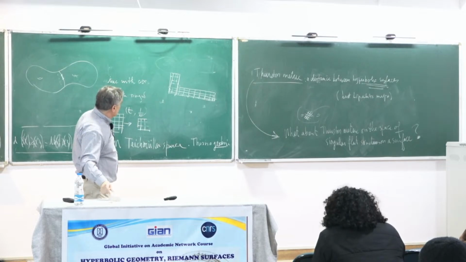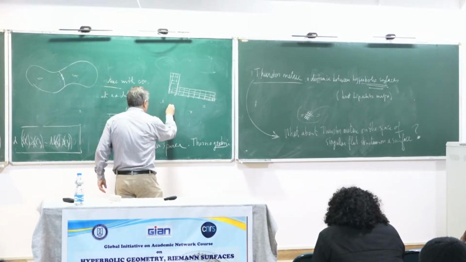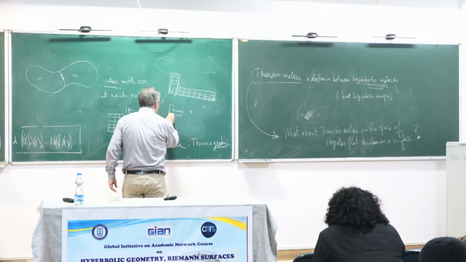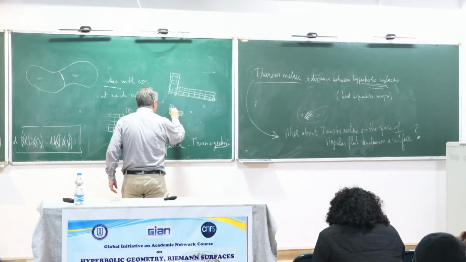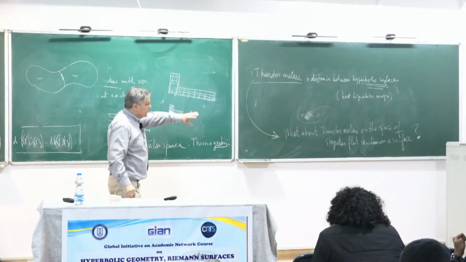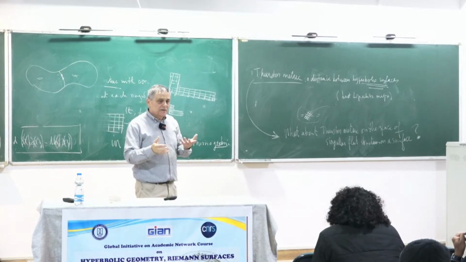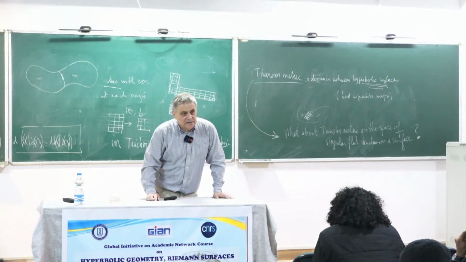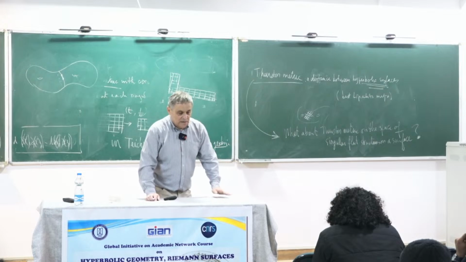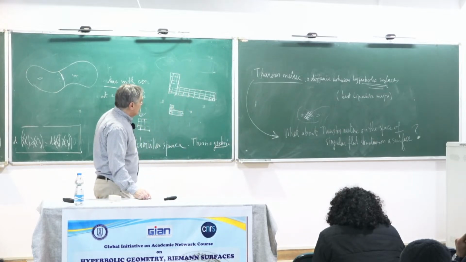So what is the Thurston distance between this one and this one? And how can you describe the geodesics? So just in simple cases, but not in the general case of a singular flat structure on a surface. This needs work, in fact. Okay, so this is a question.